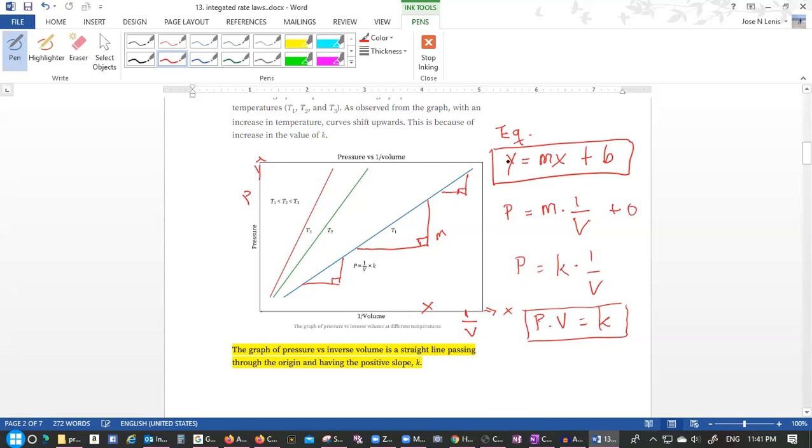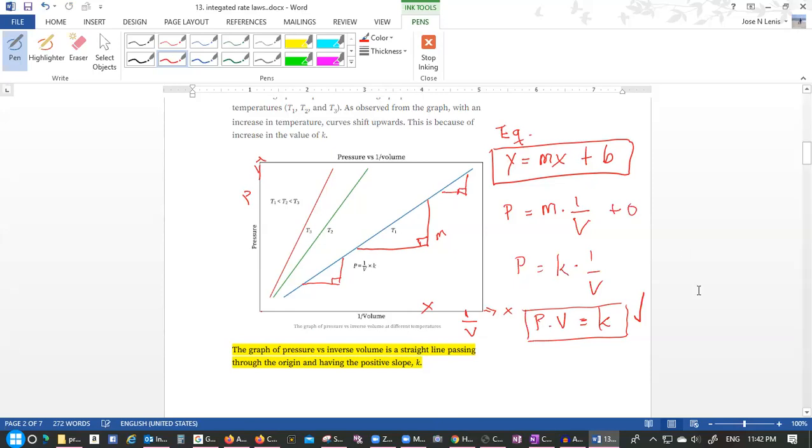And from there, you can use the straight line equation and form your formula, your equation. Now, notice that we have the equal sign here. Now we have a formula where you can plug in pressures or volumes. You can calculate from the graph. When you do linear analysis, the computer calculates that for you, or you can do it by hand.